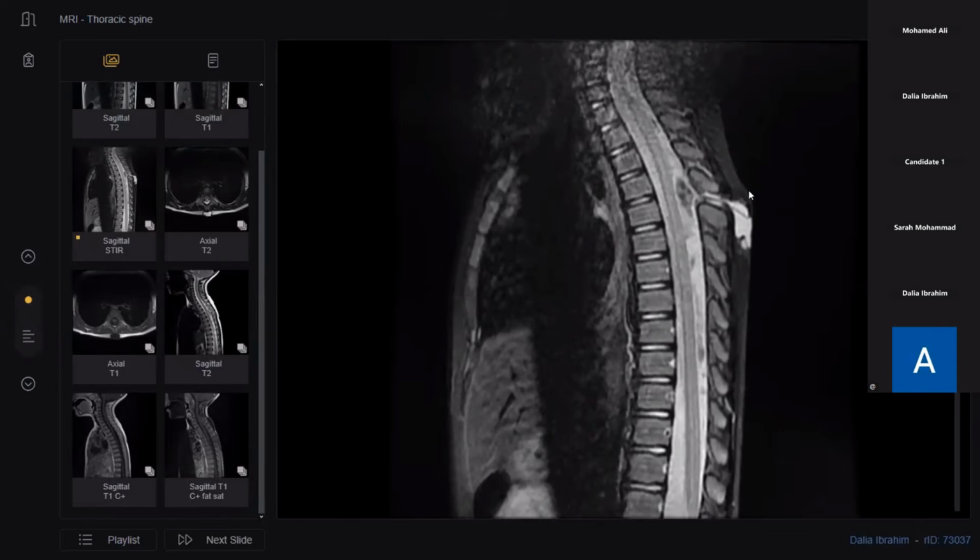We have a subcutaneous cystic lesion with no skin covering. We have a fibrous stalk extending from the cystic lesion, passing through the interspinous region and deep inside the spinal canal, reaching the spinal cord, attaching to the dorsal aspect of the spinal cord, causing tethering of the spinal cord at the site of attachment.